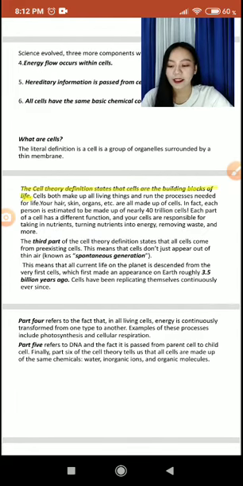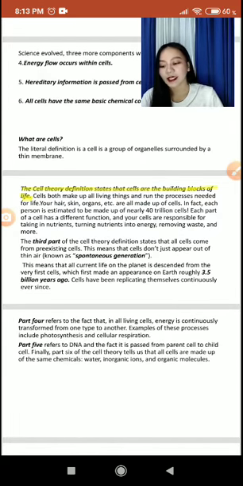And what do the newer parts of the cell theory state? Part 4 refers to the fact that in all living things, energy is continuously transformed from one type to another. Examples of these processes include photosynthesis, where plant cells convert light energy into chemical energy, and cellular respiration, where both plants and animals convert glucose into energy.